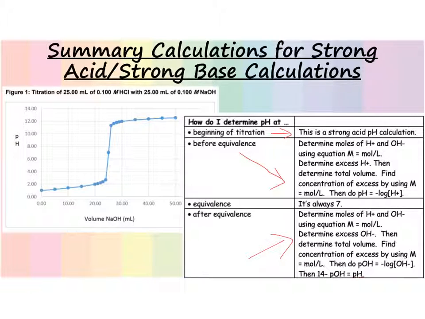Basically, you determine your moles of acid and base, determine who the limiting reactant is and how much of the excess you have left over, and then you negative log it and get either the pH or the pOH, depending on which side of equivalence you're at, and get to the pH that way. We have already done all three of these calculations. And equivalence for strong is super easy because it's just 7 every day, all day long.